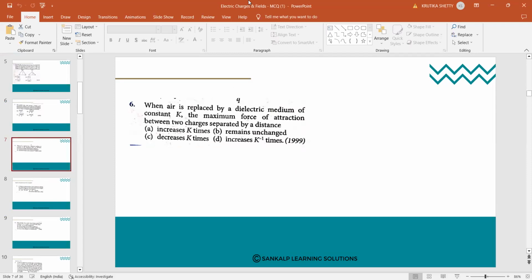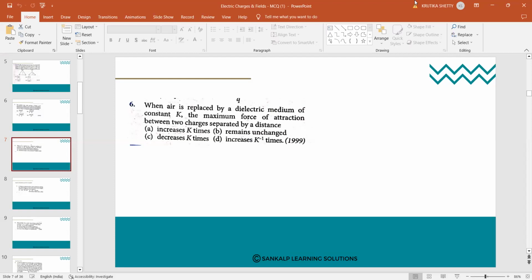when air is replaced by a dielectric medium of constant K, the maximum force of attraction between two charges separated by a distance. So what they are saying here is the maximum force of attraction between the two charges. So there are two charges, they are separated by some distance, and the air is replaced by a dielectric medium of constant K. So you have the dielectric medium in between.